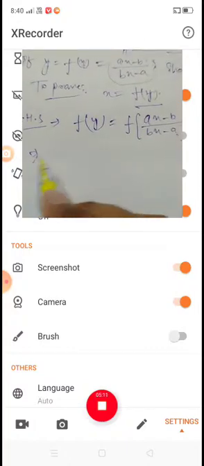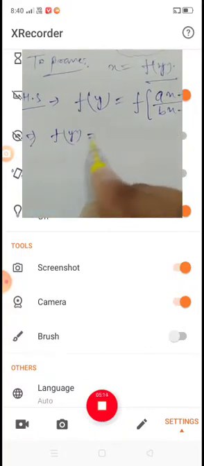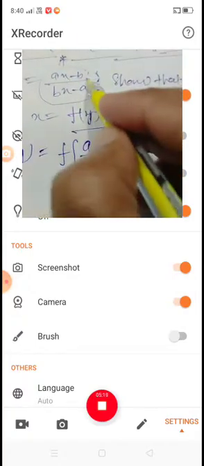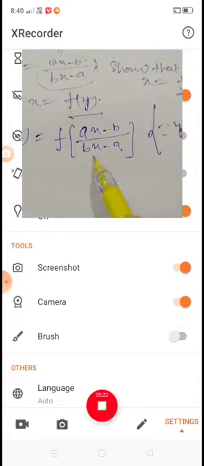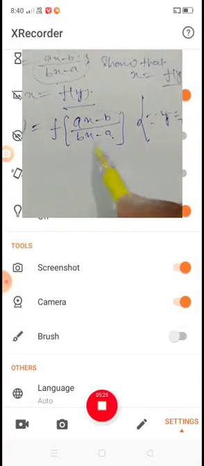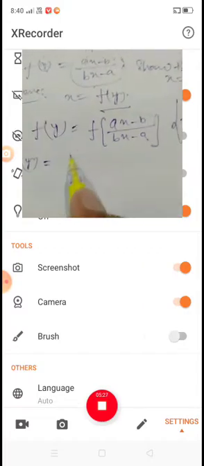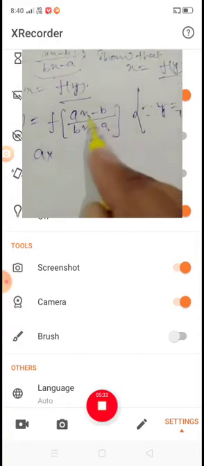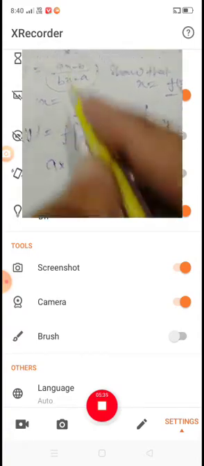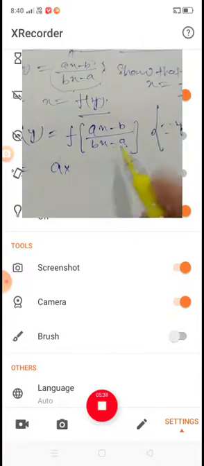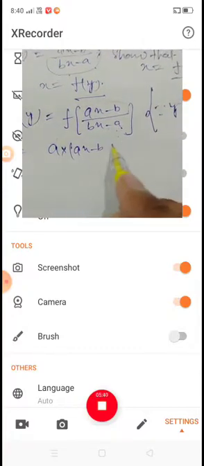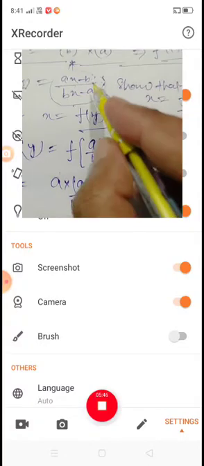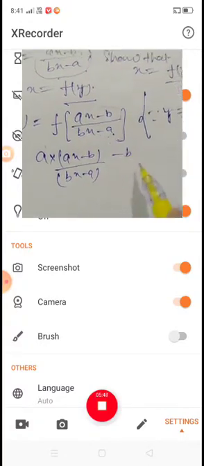Now f of y is the function f of x defined by (ax minus b) upon (bx minus a). So we replace x by (ax minus b) upon (bx minus a). We have a into, replacing x, (ax minus b) upon (bx minus a), minus b.